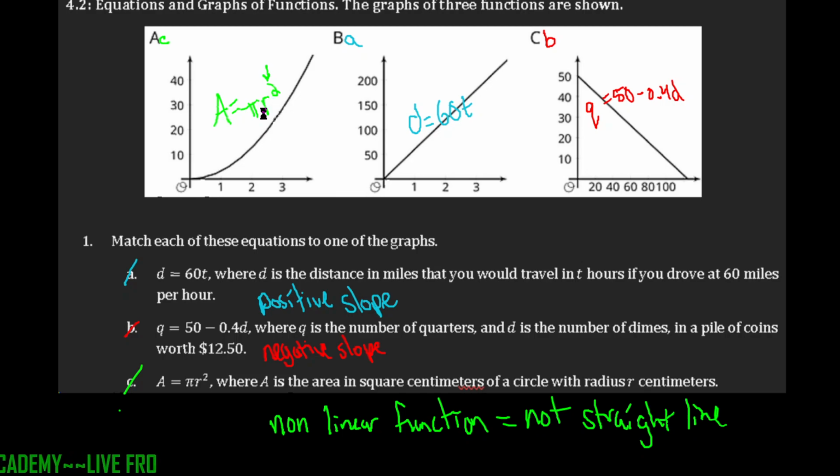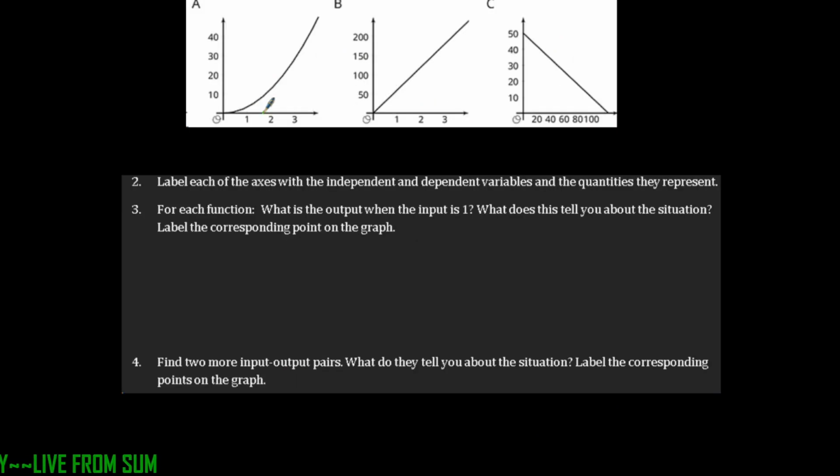All right, underneath that, we have those same graphs, but now we're going to label each of those axes and write the independent variables and what they represent. For this first one, r is going to be the independent variable, the radius in centimeters, and a is going to be the dependent variable, the area in centimeters squared.